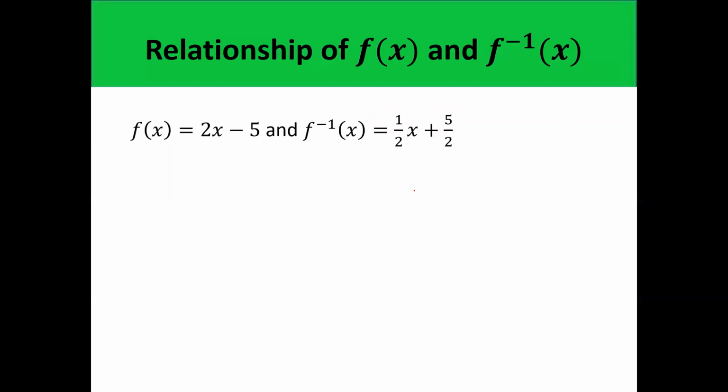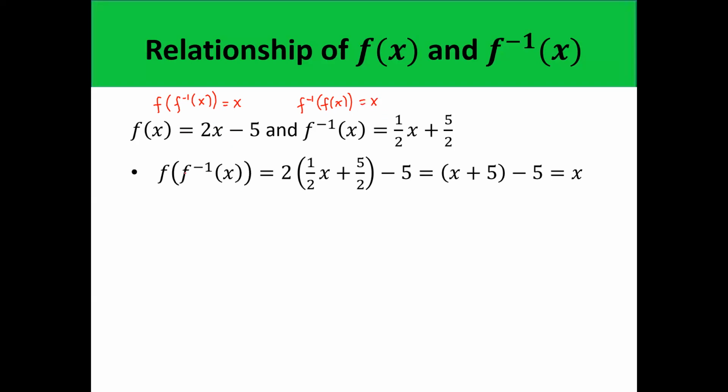Oh, by the way, before we go to the next example, let's first verify the composition of f and f inverse of x and the composition of f inverse and f of x. According to the properties earlier, both of them are equal to x.